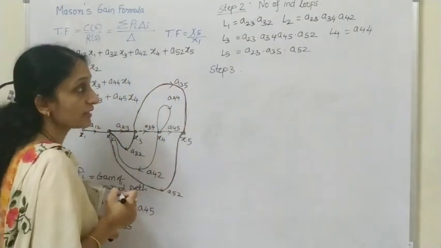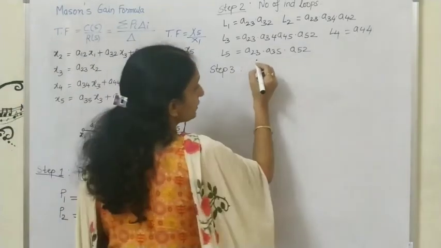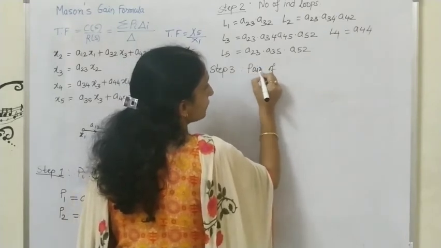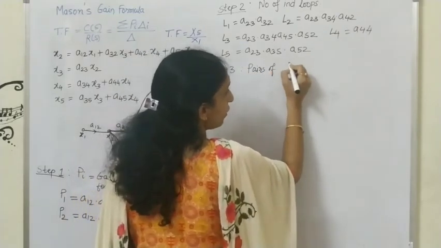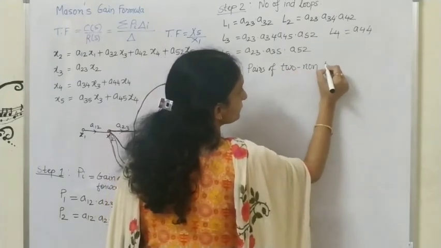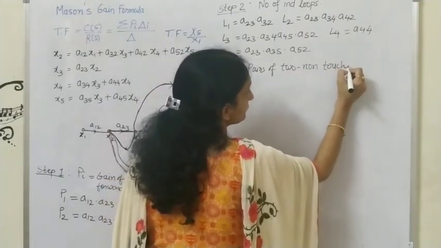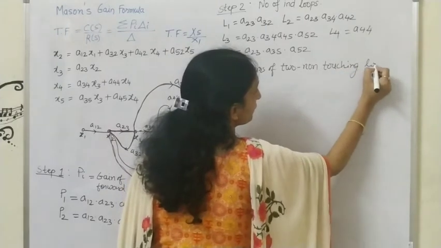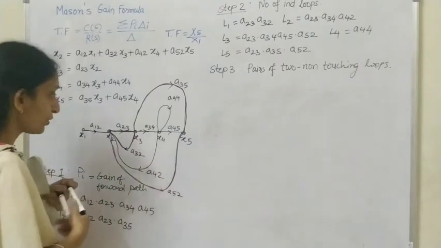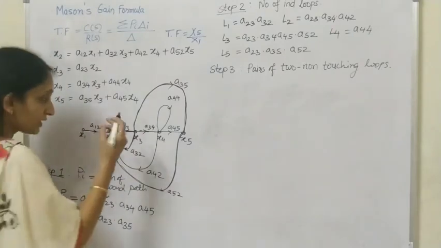For step number 3 we have to calculate pairs of two non-touching loops. Now we will check whether there is any pair of two non-touching loops. You can check here.